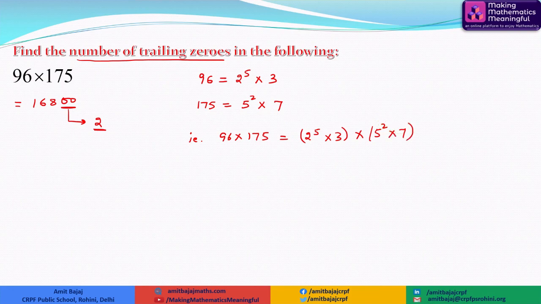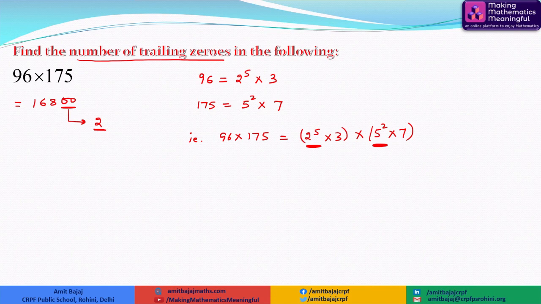The number of zeros will be contributed only by the multiples of 2, that is the even numbers, and the multiples of 5 which are present here. So the zeros will be contributed by only these two factors.